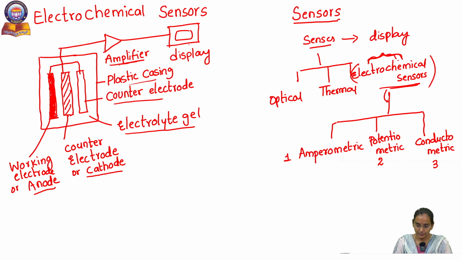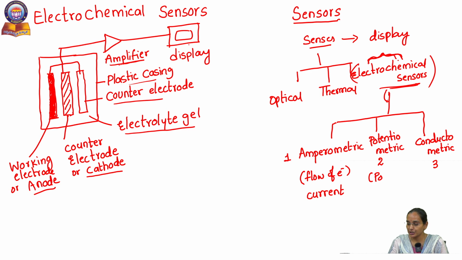Coming to the types of sensors, amperometric sensors sense the change in flow of electrons. That means it can detect the change in current. Next, potentiometric sensors detect the change in potential. Next, conductometric sensors detect the change in conductance.